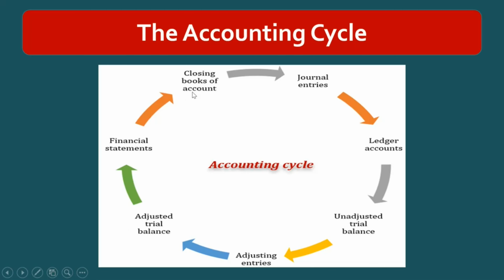What is the closing of books of accounts? In closing of books of accounts, all the temporary accounts you will close to the profit and loss summary account, and the profit and loss summary account will be closed to the retained earnings account. Like this, your books of account will be closed. And what are temporary accounts?